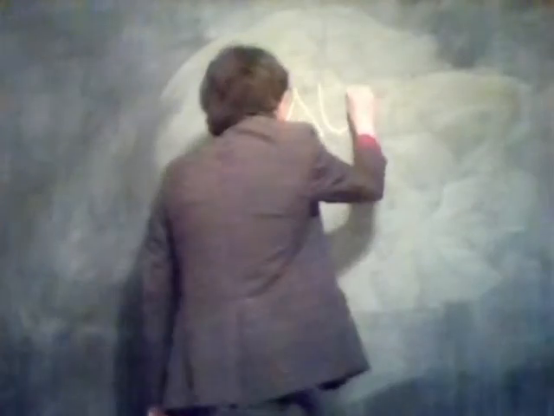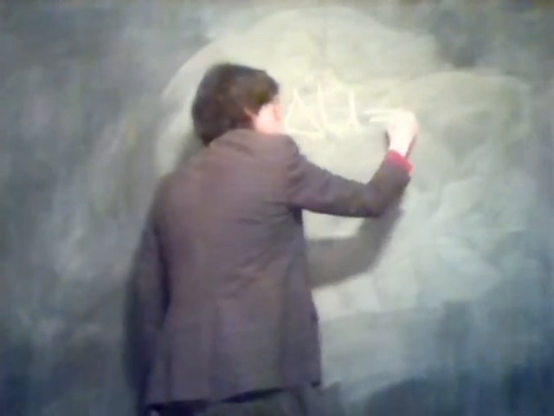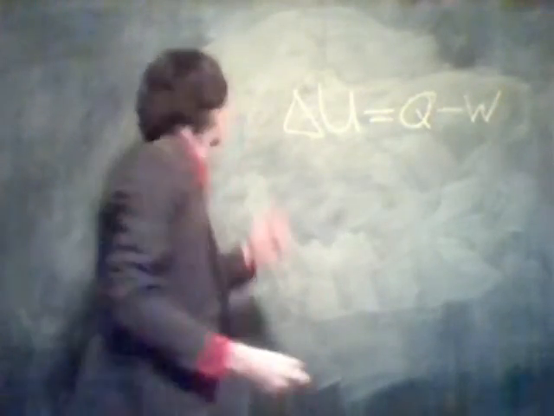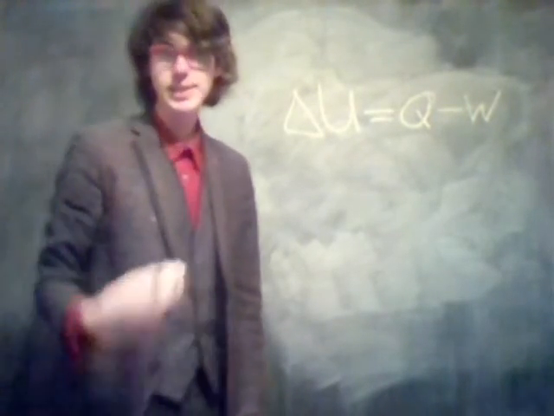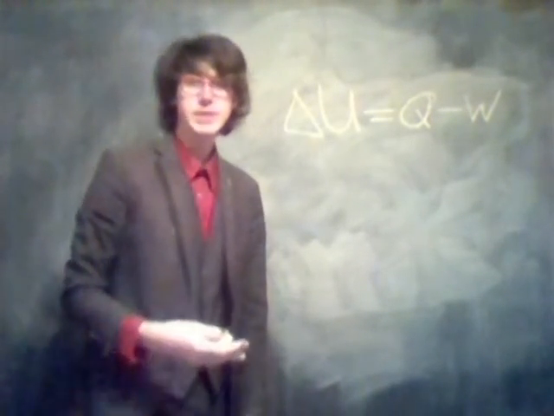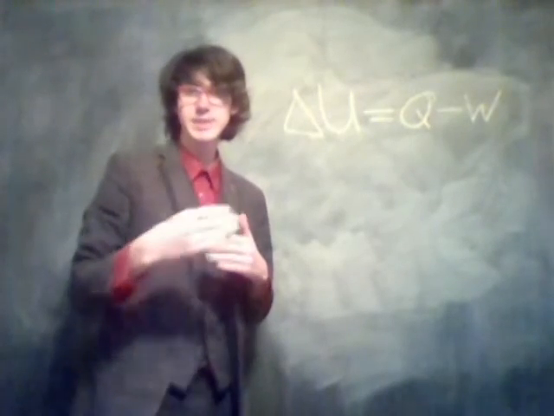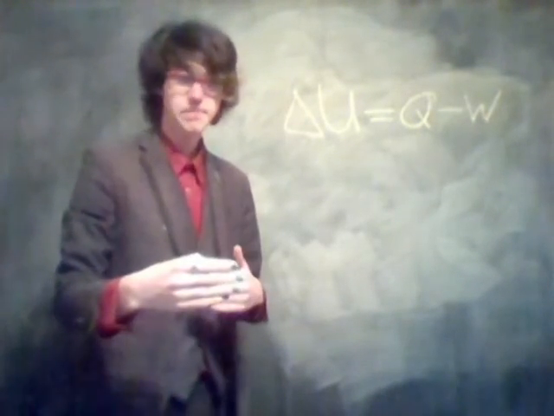So, the first law of thermodynamics states that the change in the internal energy of a system is equal to the heat transfer minus the work done. Now, since a heat engine is by definition cyclical, that means that it returns to the exact same state it was at the beginning.